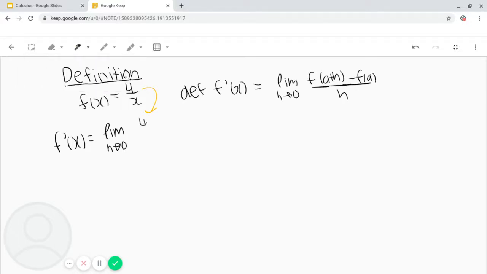So 4 over a plus h would be f of a plus h. And then we go minus 4 over a, which is just f of a. This is all divided by h.